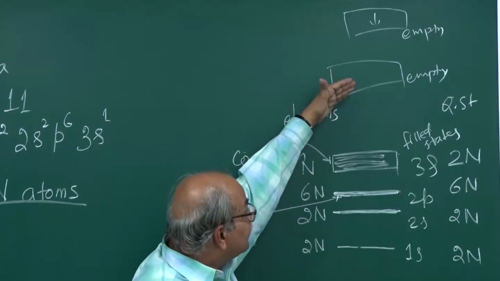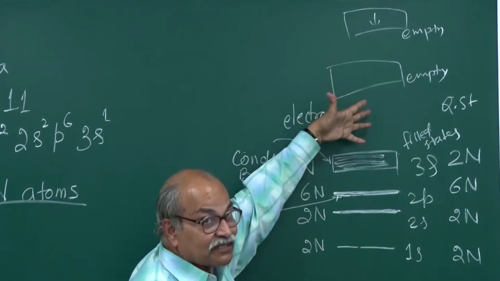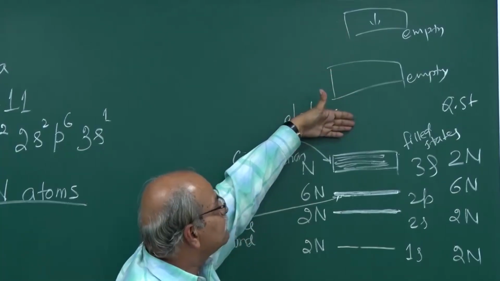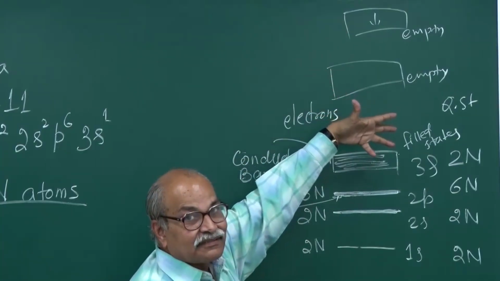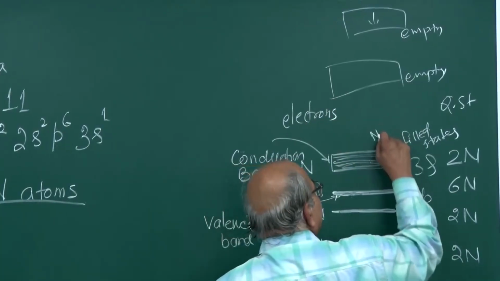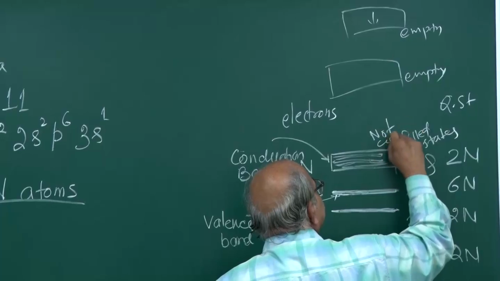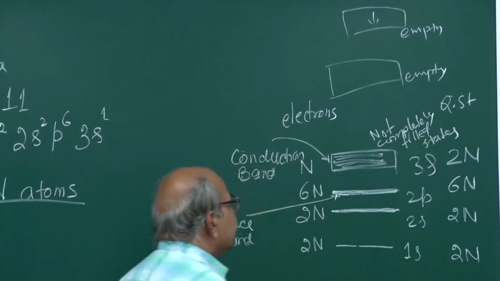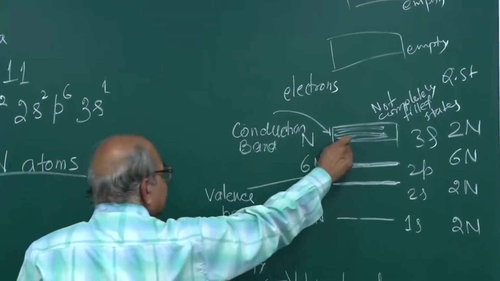So, coming from the top, the last energy band which is not completely filled will be called the conduction band.